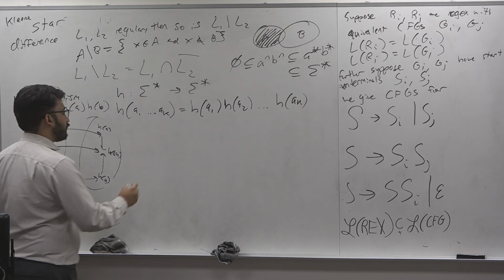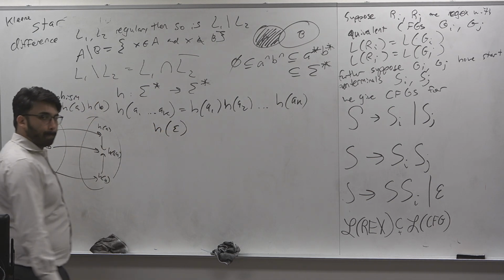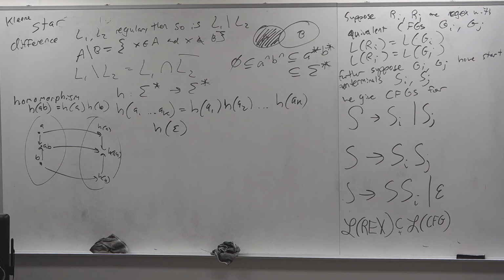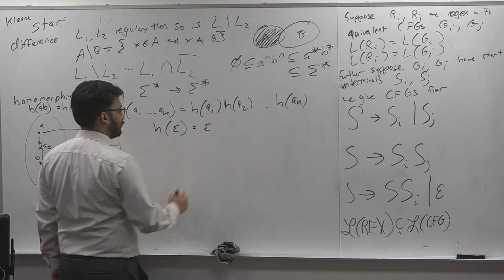Suppose we have a homomorphism. For any homomorphism, what is the image of the empty string? Every homomorphism maps the empty string to the empty string. Why?